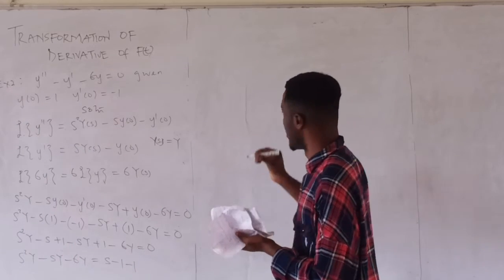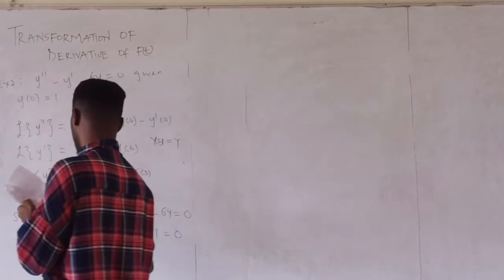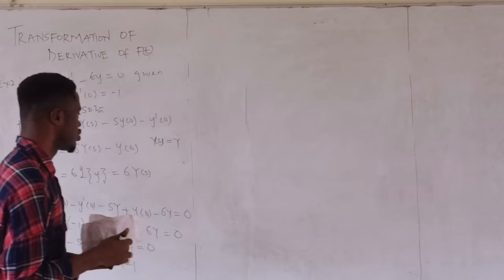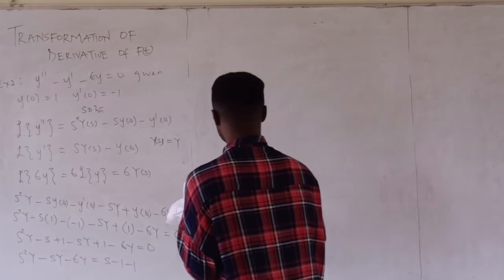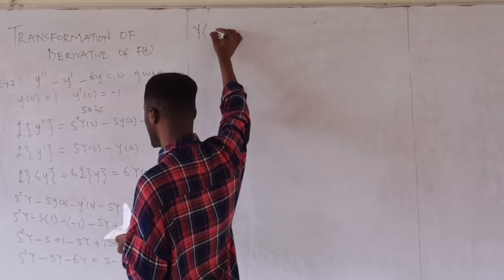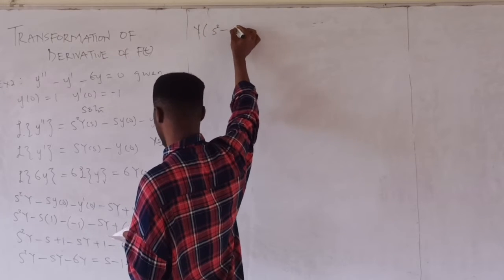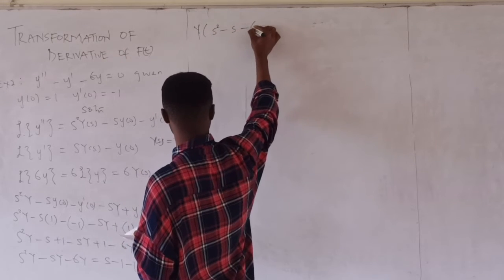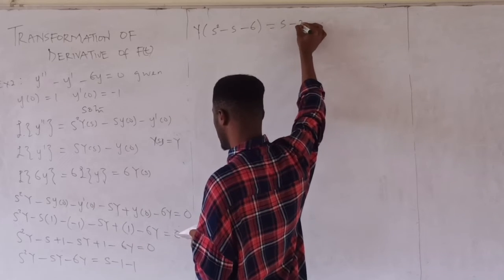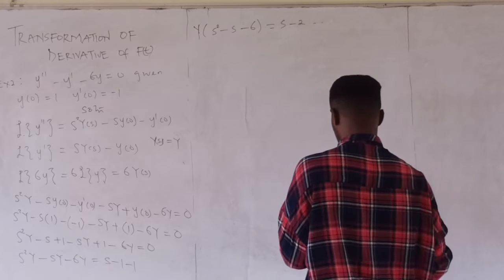And since this is the case now, I can decide on my left hand side to factor out y. So if I factor out y on my left hand side, what I'm going to have is y into s squared minus s minus 6 is now equal to s minus 2, right? So this is what I'm going to have.